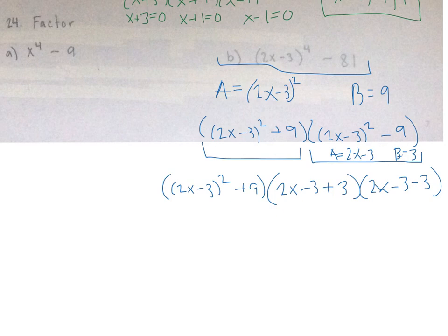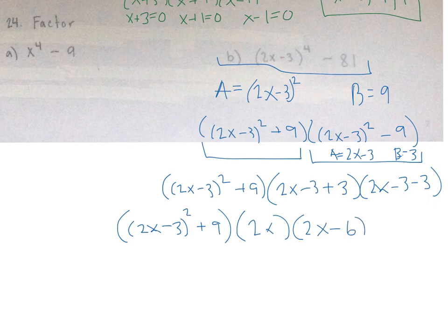And then clean the problem up a little bit. If anything combines, do combine it. We've got 2x minus 3 plus 3 is 2x, and 2x minus 3 is minus 6.